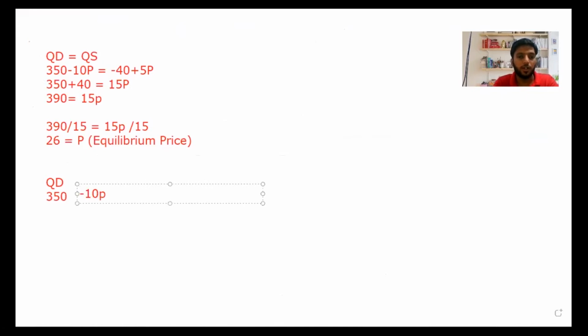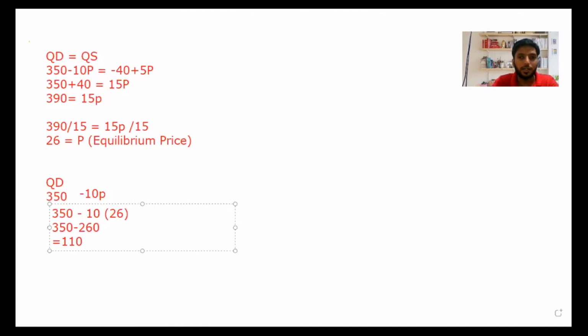Now we already found 350 minus 10p is the formula. Now we need to find the equilibrium quantity. We'll take 350 minus, we found the price, minus 10 into the price, which is 26. So I will multiply by 26. So 10 into 26 will become 260. So 350 minus 260 will give me a balance of 110. This is the equilibrium quantity.